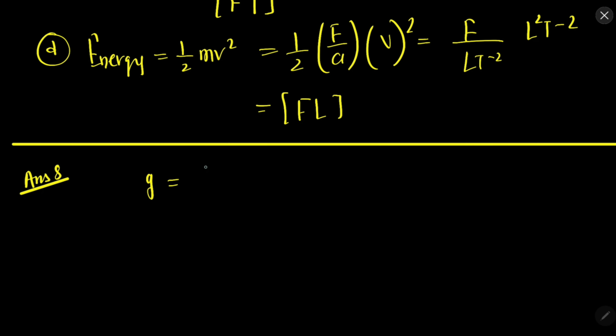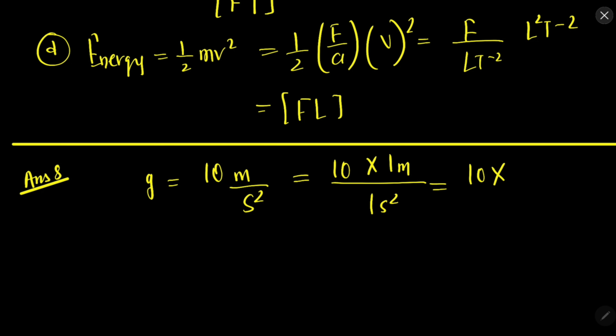So we know G is given as 10 meter per second square. We need to convert it into centimeter per minute square. So you can write it like this: 1 meter upon 1 second square. At the place of 1 meter you convert it into centimeter, so it will give you 100 centimeter, because 1 meter is 100 centimeter. And this can be written as 1 second into 1 second, because it was a square.